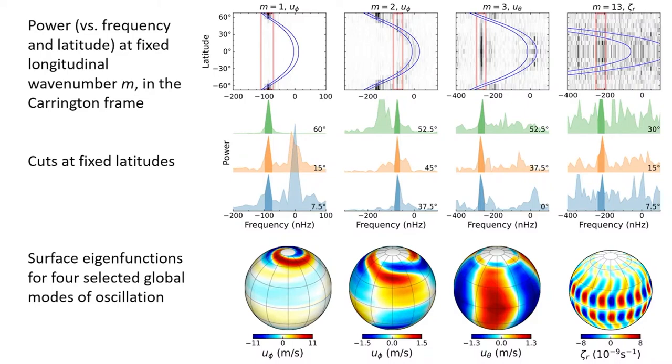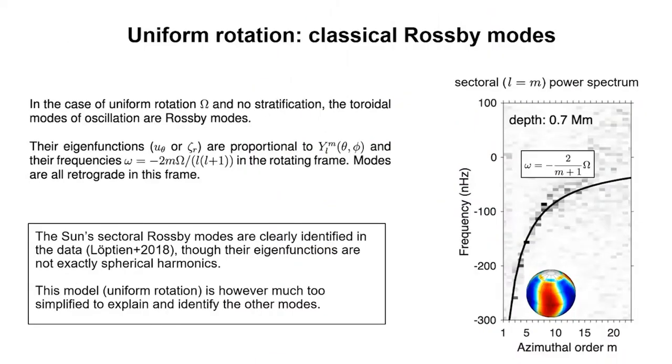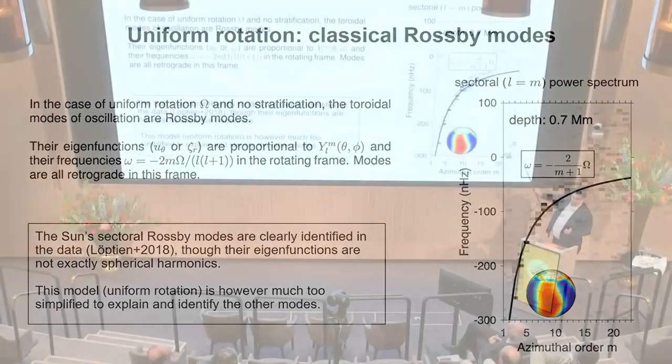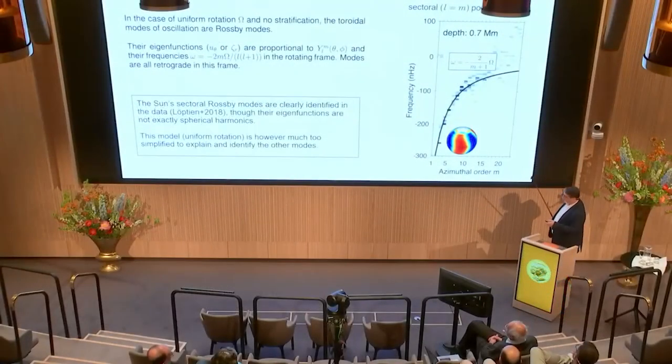And actually, we are able to identify the equatorial Rossby modes because their dispersion relation is very close to that of the sectoral Rossby modes that are known to exist in a uniformly rotating star. Okay, so here there's no doubt that we're looking at sectoral Rossby modes or something very close to it.